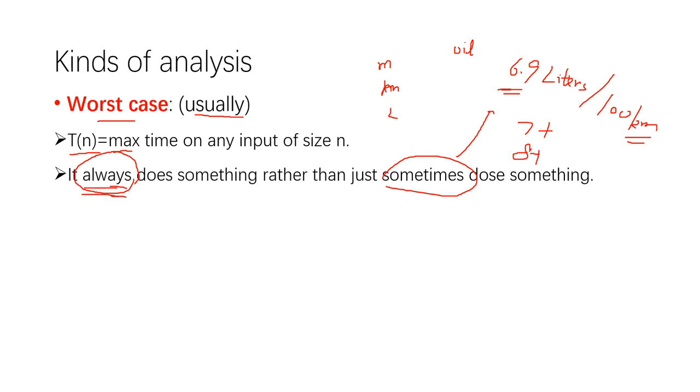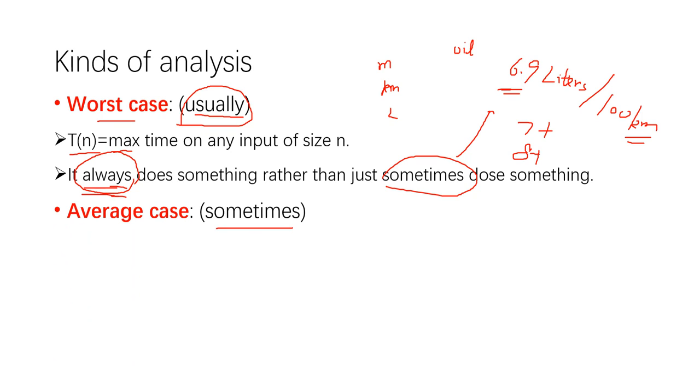Okay, that's the worst case. That's what we usually try to do. And another thing is the average case, which is used sometimes. Then what is the meaning of average time? Average time means the expected time over all inputs of size n. Expected time, do you still know about that?